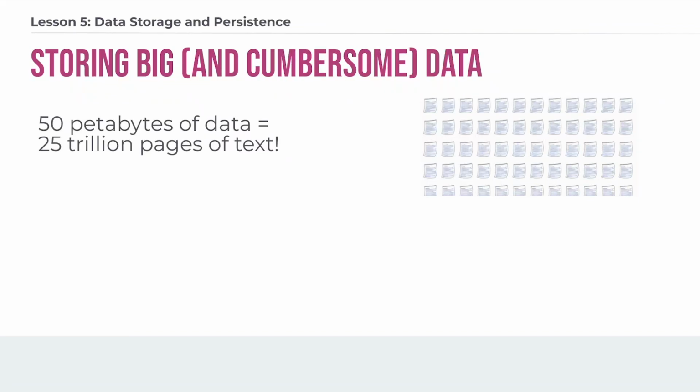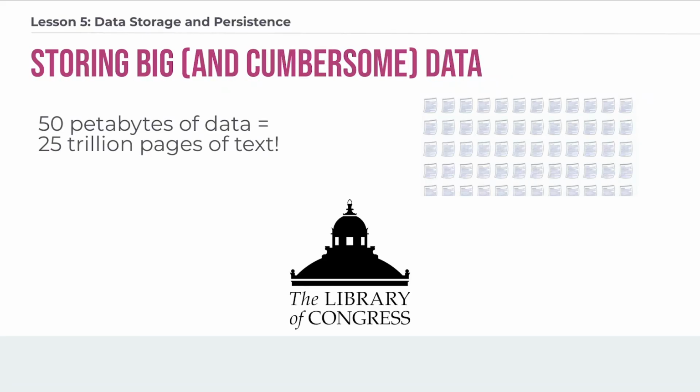Okay, that's like a quadrillion bytes of information. That's enough space to hold over 25 trillion pages of text, the entire contents of the Library of Congress, times 179, right? That's a lot.